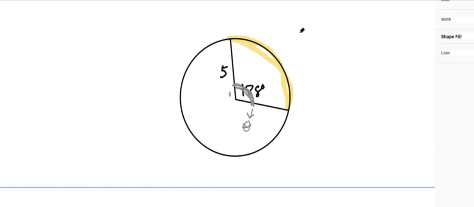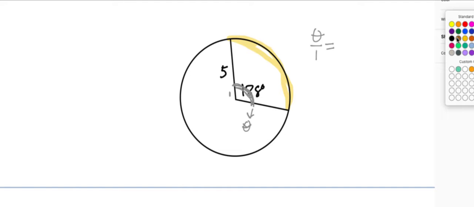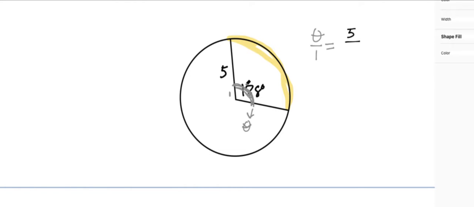Here's the relationship that I see. Radian to radius is equal to arc length to radius. You guys see that? So here's my setup. Theta over 1 is equal to this length here over 5.